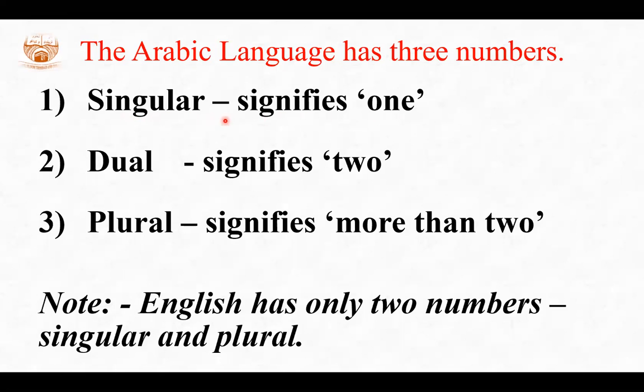If a thing is singular, it is one, we will of course refer to the singular form for it. If it deals with 2, or is in reference to 2, then we'll say it is dual. And something that is more than 2 will be considered plural. Just a note, English has only 2 numbers, singular and plural.